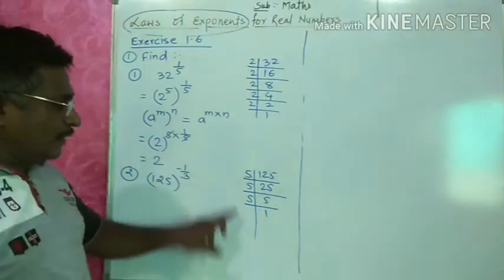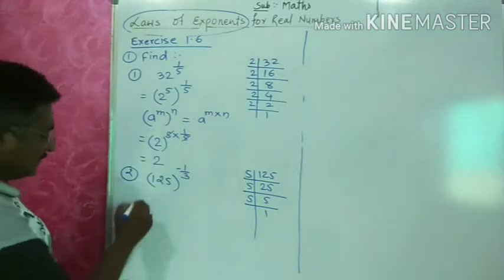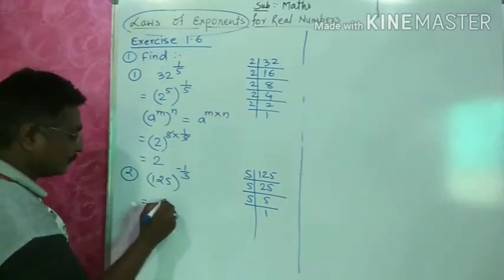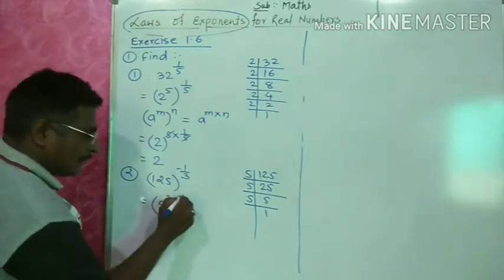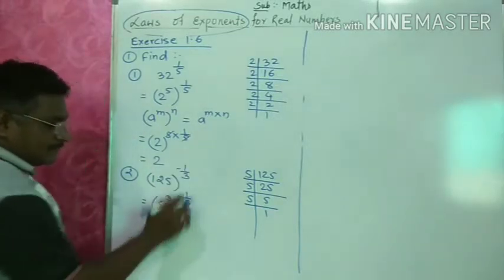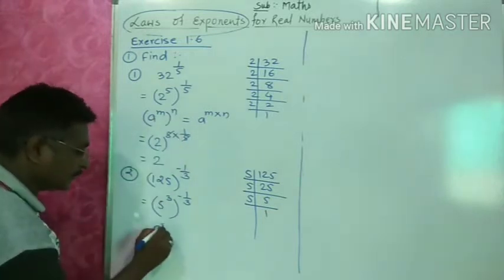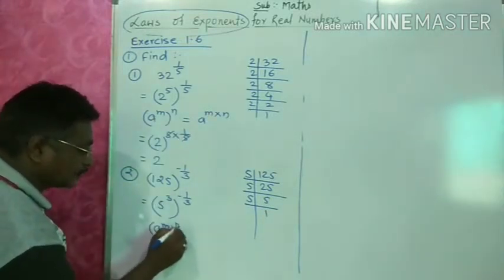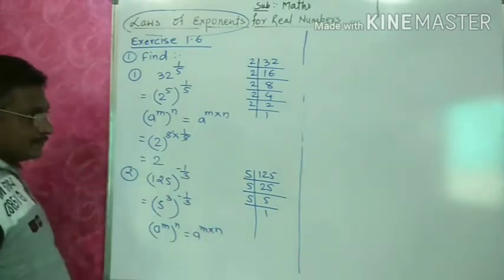So 125, how can we write in exponent form? 5 raised to the power 3. So 5 raised to the power 3, raised to the power minus 1 by 3, this number as it is. Now again the same law: a raised to the power m raised to the power n means a raised to the power m into n.